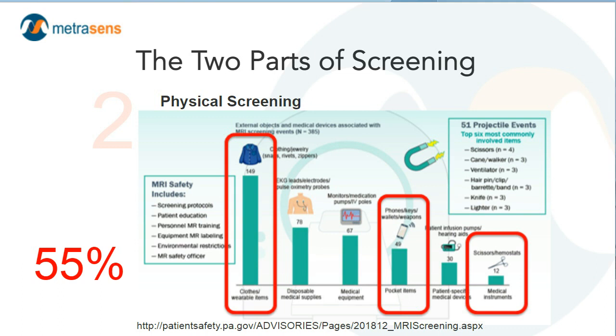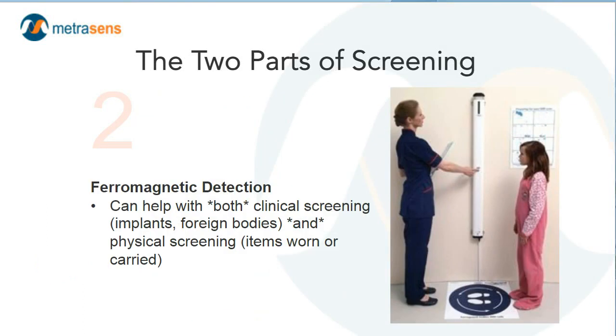All of these are items that should be identified, caught during the physical screening of the patient, which should involve changing or disrobing the patient out of their street clothes and changing them into clothing, scrubs, gowns provided by the facility. And in addition to that, the use of ferromagnetic detection for screening of patients or objects, material.